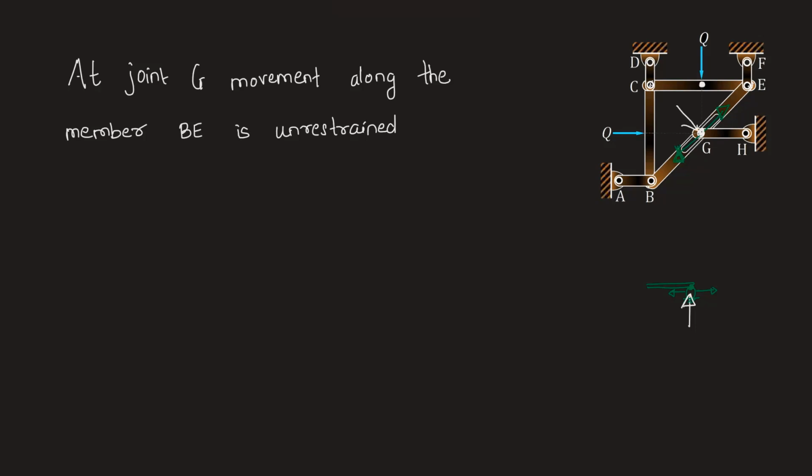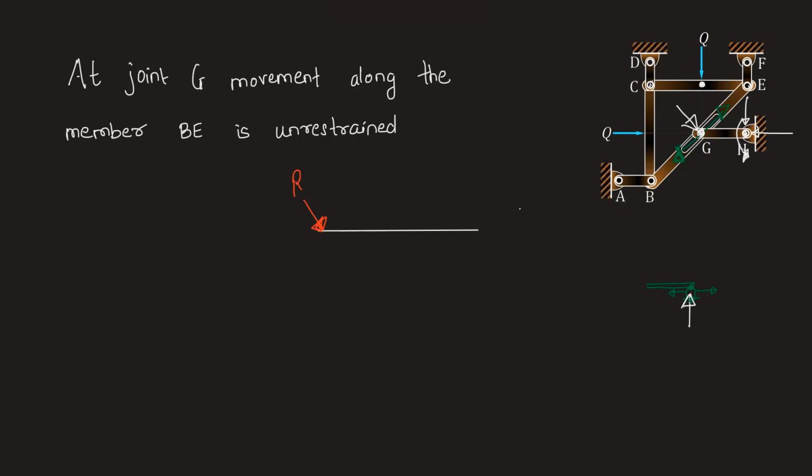Now joint H is a joint where only rotation is allowed. Rotation is unrestrained, and therefore it is going to offer reactions in the horizontal as well as vertical direction. So if we draw a free body diagram of this member GH, this is the reaction force which joint G is offering.